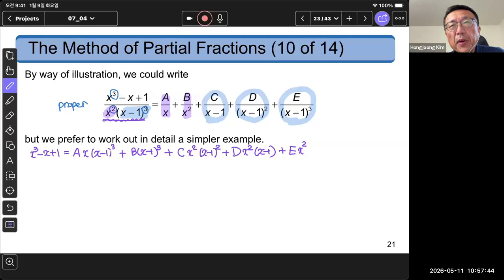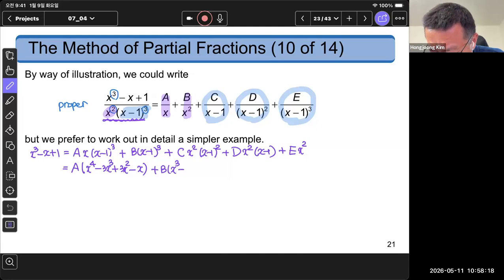Then you need to expand each term on the right. So you get a times, when x minus 1 is cubed, you get x cubed. But since I has 1 more x, you get x to the fourth minus 3x cubed plus 3x squared minus 1 times x, plus b times x cubed minus 3x squared plus 3x minus 1.